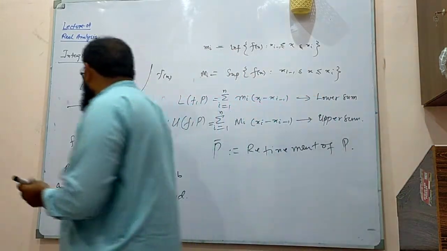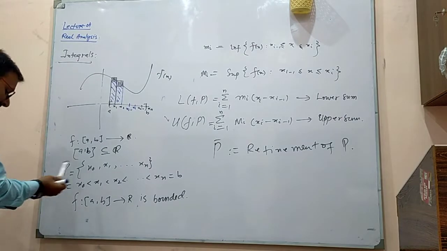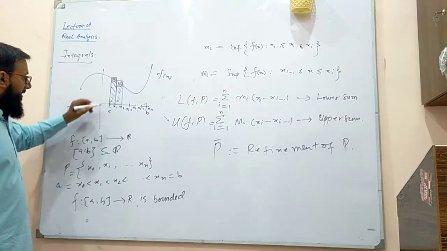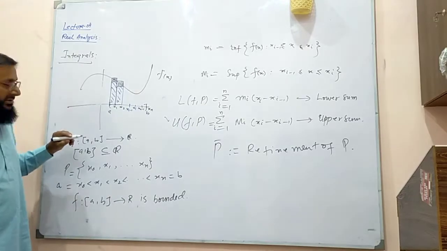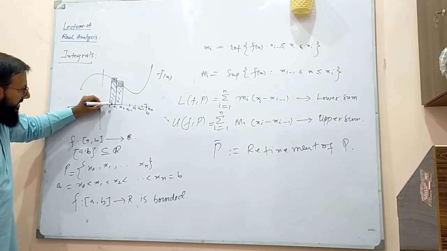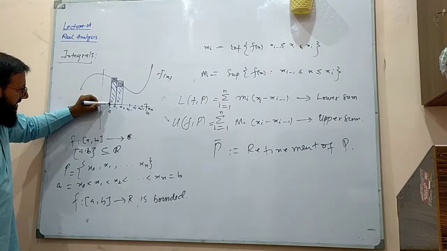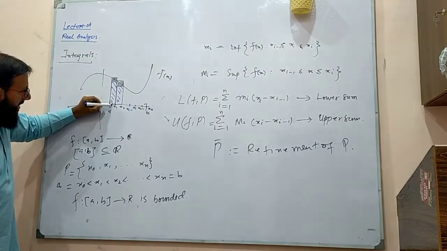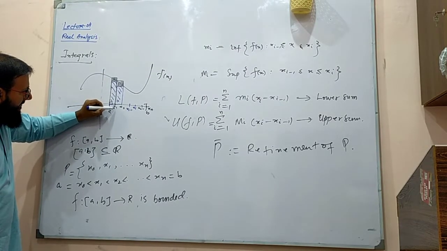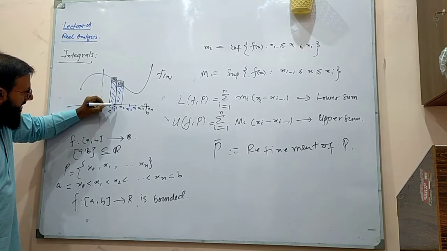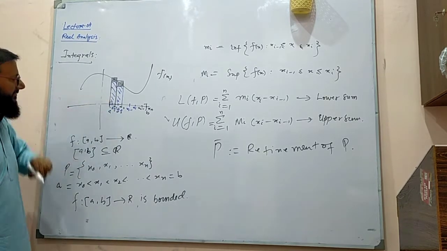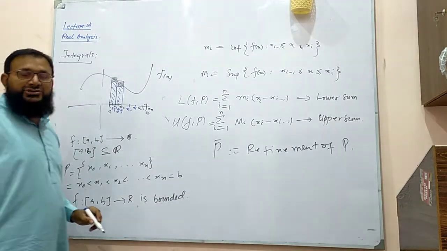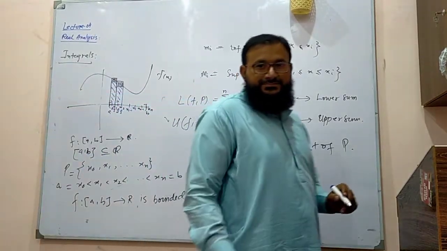And what is the refinement? Refinement means you have chosen first a and x1. Now you will choose some other values in between. Let us call this value y0, this value y1, y2, y3, y4. It means I am going to refine my partition.